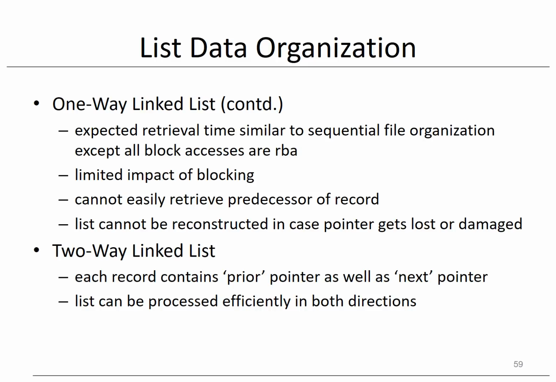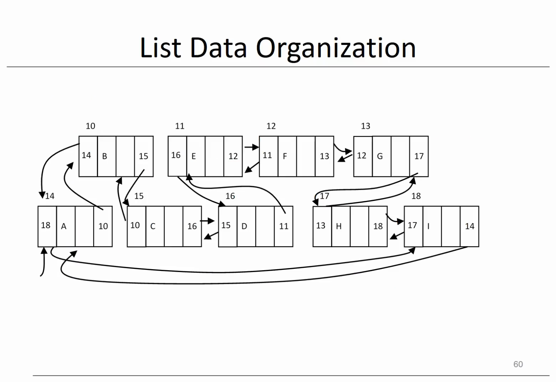Moreover, the prior pointers add a measure of redundancy, which can be exploited to reconstruct the logical ordering if a pointer in the other direction is lost or damaged. Just like with the one-way linked list, a variant with a directory or an index is also possible. Here you can see a two-way linked list illustrated.